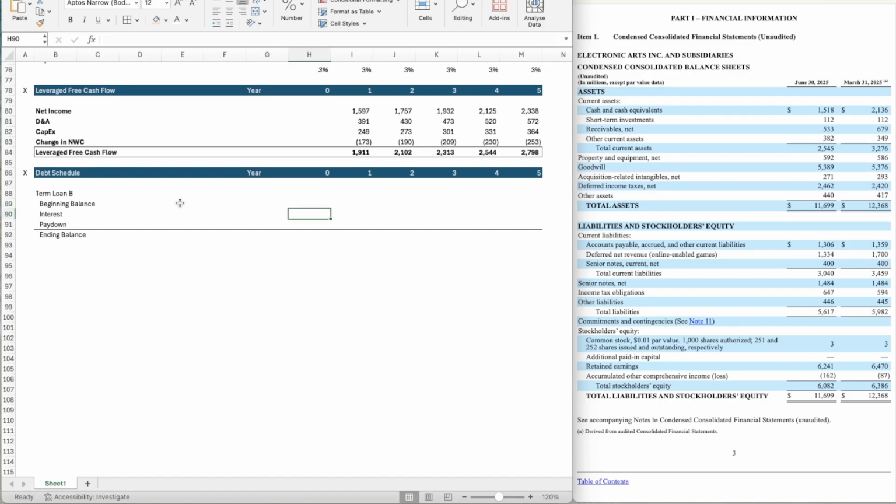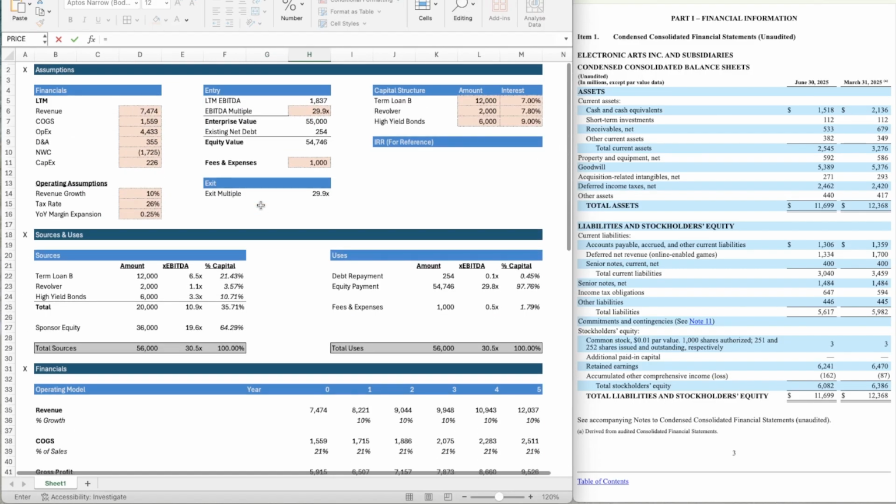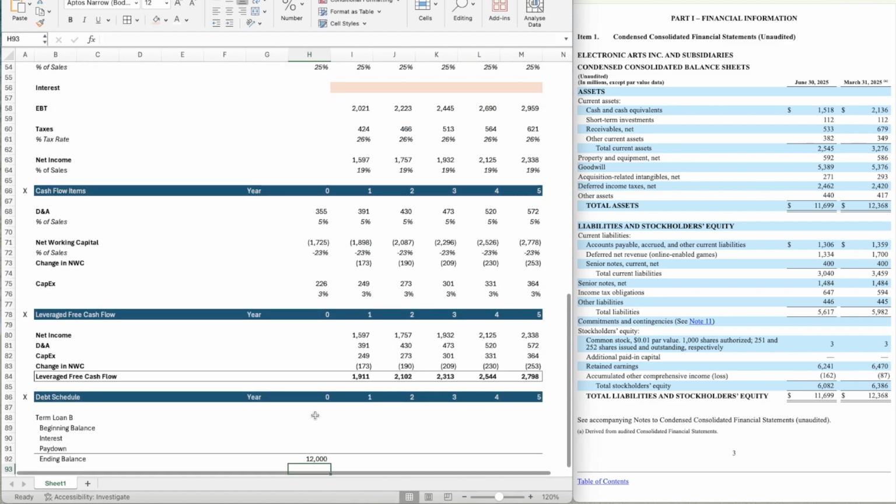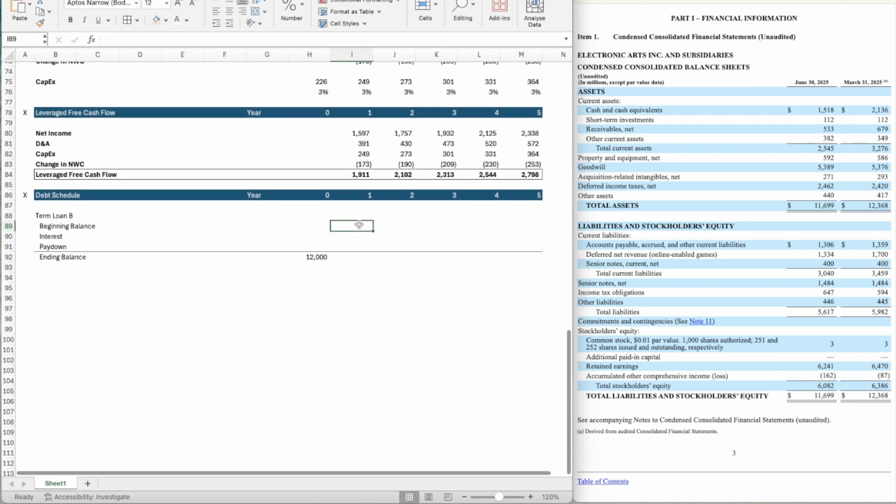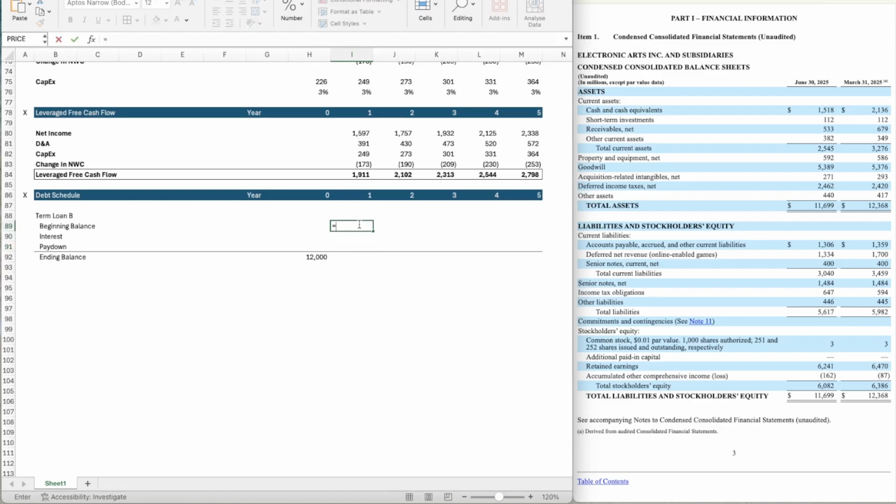Year 0. Okay, so we know the ending balance for the first one is this 12, which means the beginning is going to be like this.